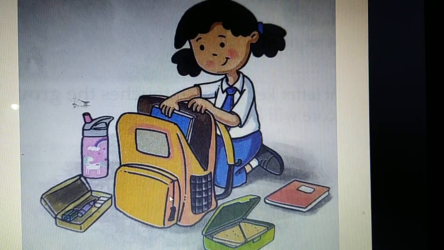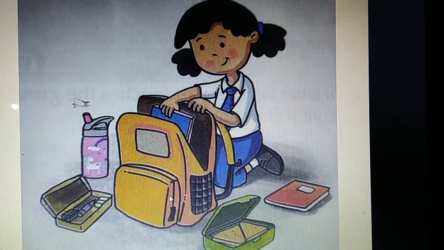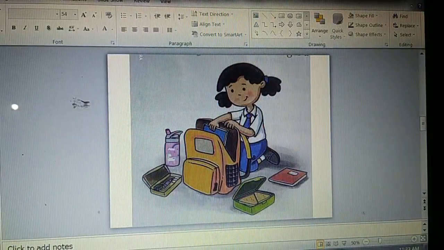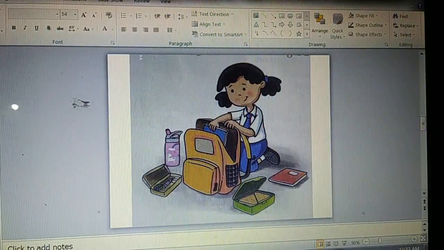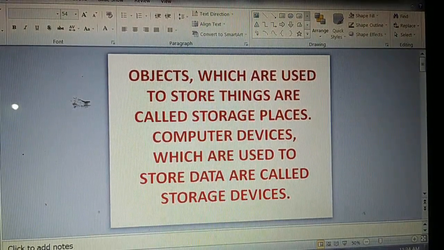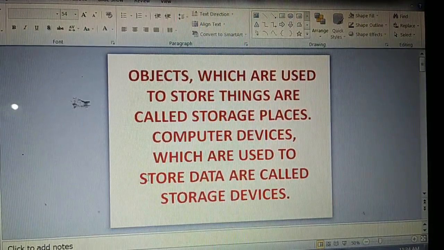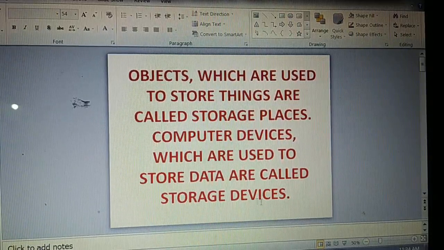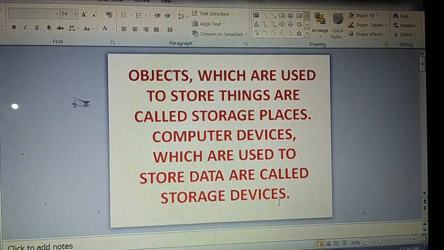So computer stores data, or the work we do on computer, in the storage devices. Computer devices which are used to store data are called storage devices.